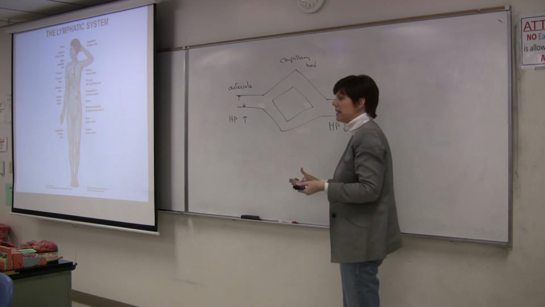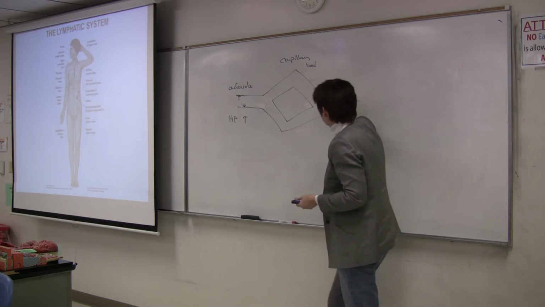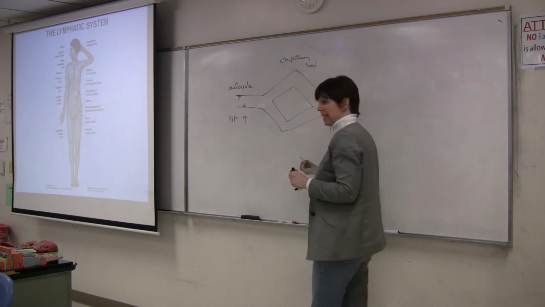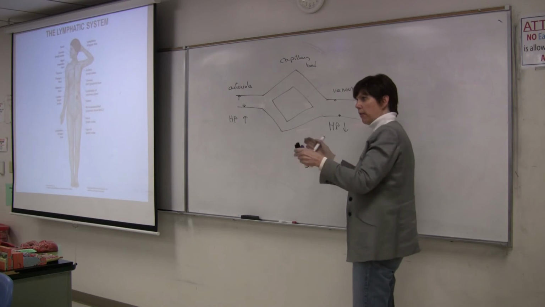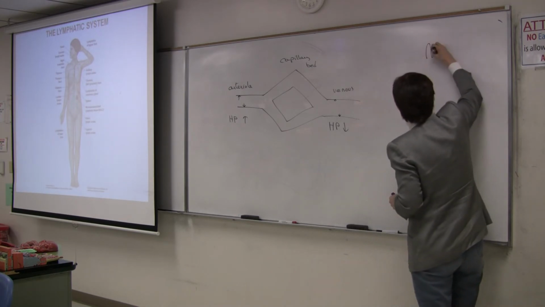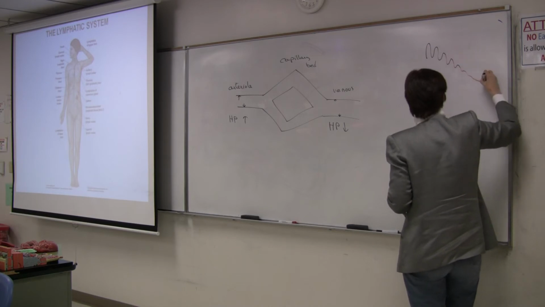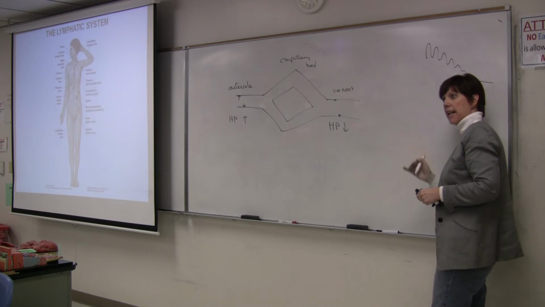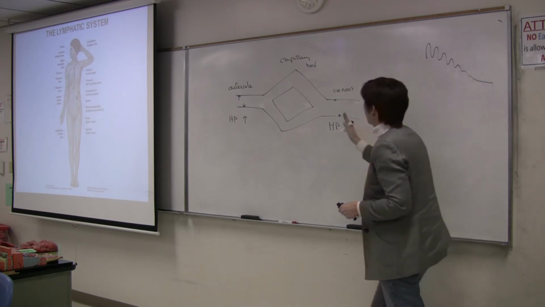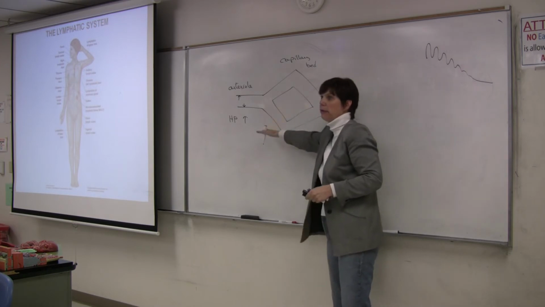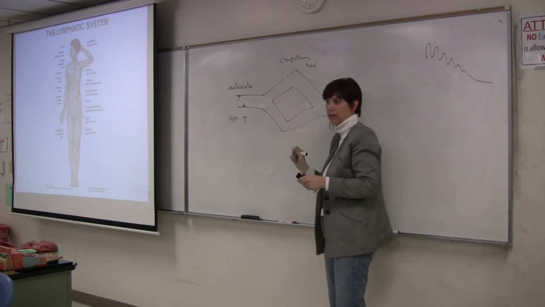So our blood volume is less, therefore our hydrostatic pressure is less. Does that make sense? Okay, the farther away we get from the heart, the lower hydrostatic pressure is. Remember we have this diagram? And that's why blood flows towards the heart. It flows down its pressure gradient. Okay? So we're farther away from the heart, plus we've lost some of that fluid pressure, so the volume force is going to be decreased.